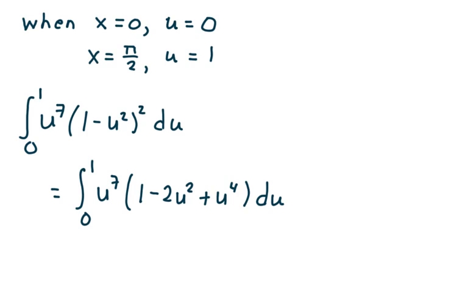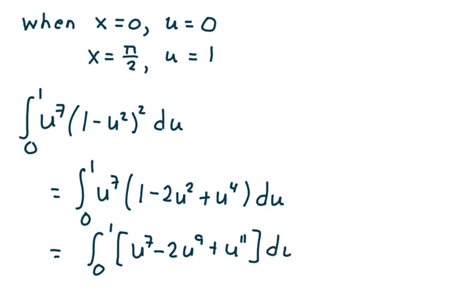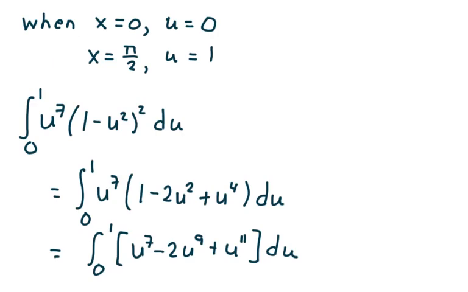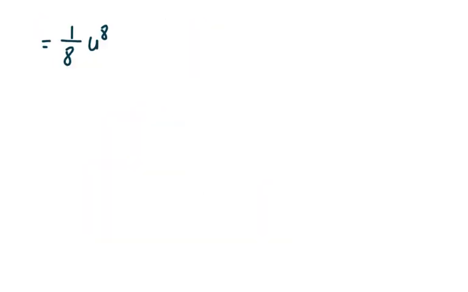And I'm going to distribute that u to the 7th inside. So we get the integral from 0 to 1 of u to the 7th minus 2u to the 9th plus u to the 11th du. So this is 1/8 u to the 8th minus 2/10 u to the 10th.